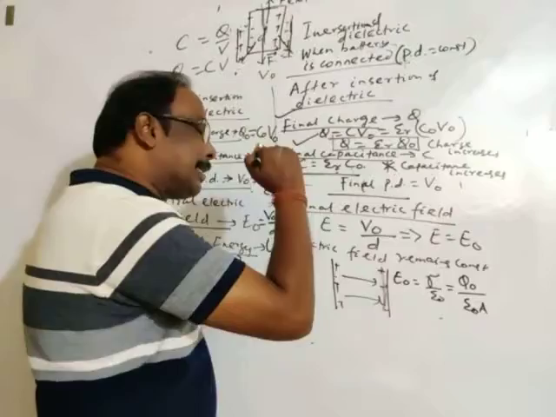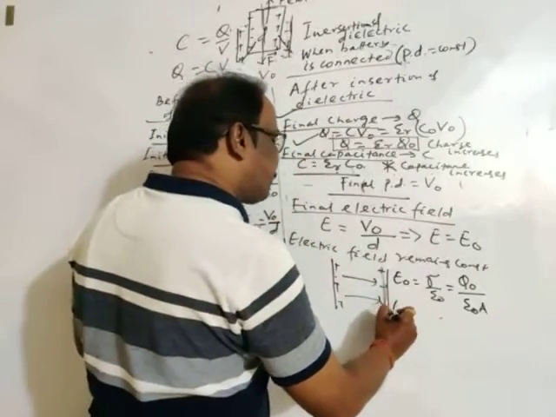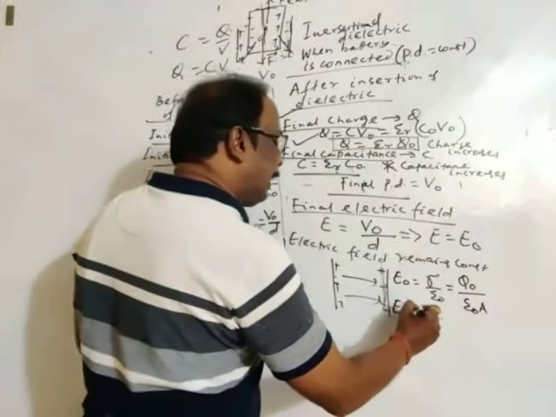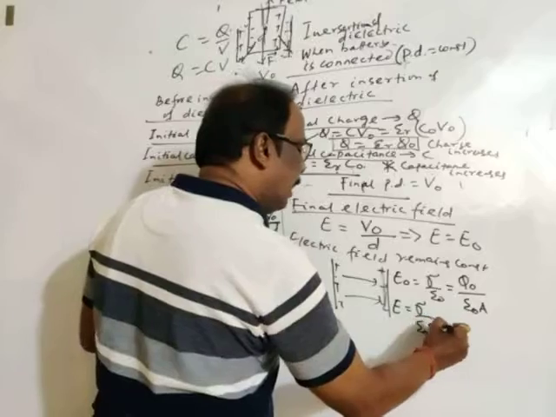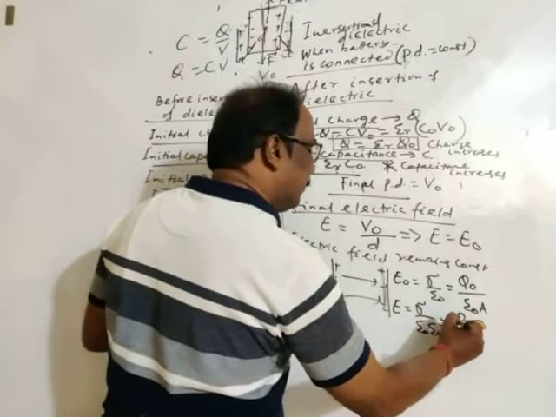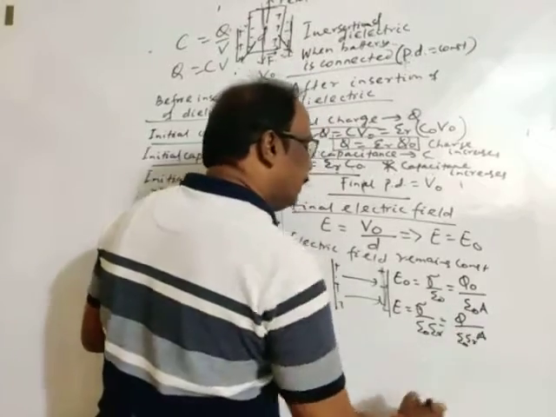When the dielectric slab is introduced, in general the electric field is sigma divided by epsilon naught, and in place of sigma we may write Q by A.